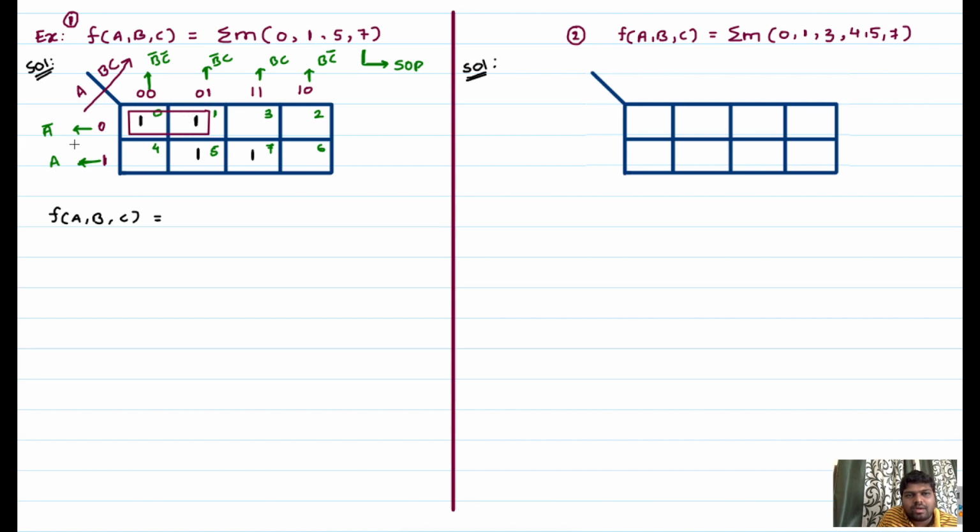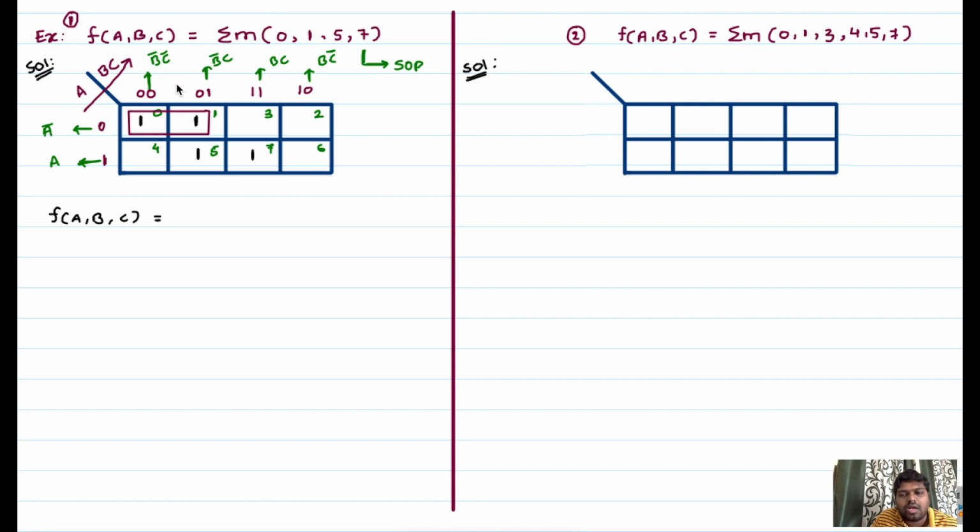By applying literals for this pair, these two square boxes are associated with A bar as well as B bar C bar and B bar C, right? Now if you observe these two square boxes, the common element is A bar, from the row point of view. From the column point of view, one has B bar C bar and the other has B bar C. Out of these two product terms, the common element is B bar.